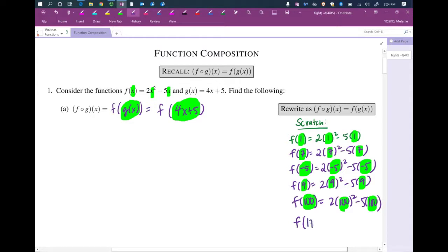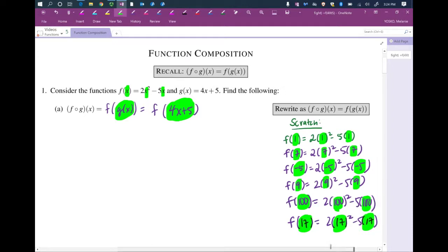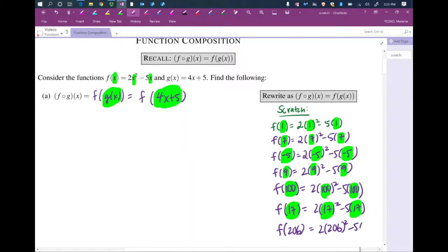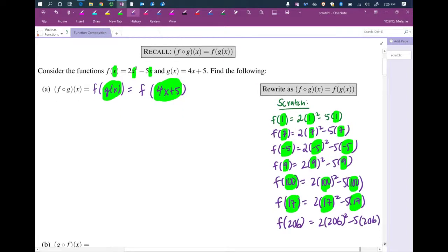So f of 17 is 2 times 17 squared minus 5 times 17. When you start to hear that in your voice, I usually hear it in my students' voices, I know I've gone far enough. It means they've gotten the pattern, and your brain has switched from actively thinking about it, working it out, to autopilot. So f of 206 is 2 times 206 squared minus 5 times 206.